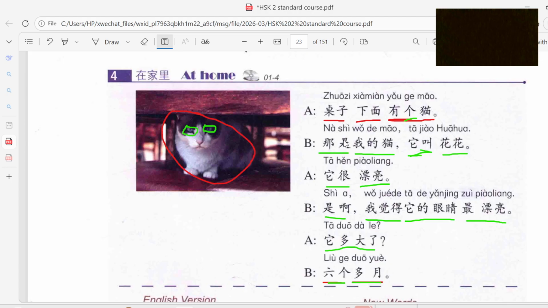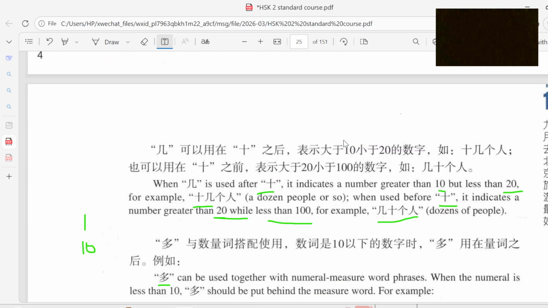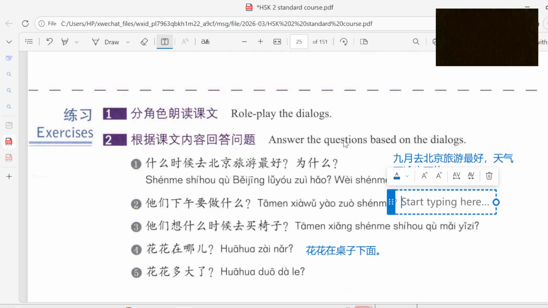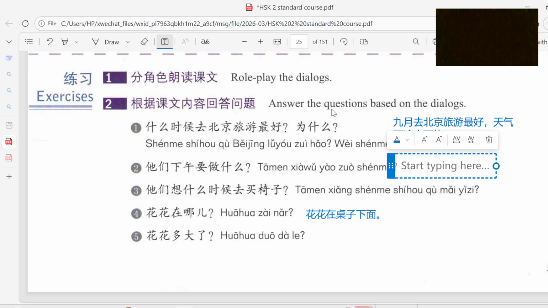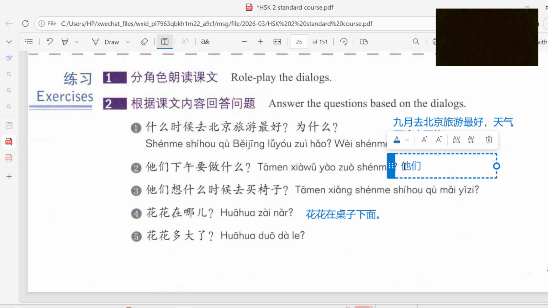Then you come back here. You already have an idea of what they're going to do in the afternoon. This is how you do this work, because the instruction is to answer the question based on the dialogue. You can start with 他们 because it's the subject used in the question.